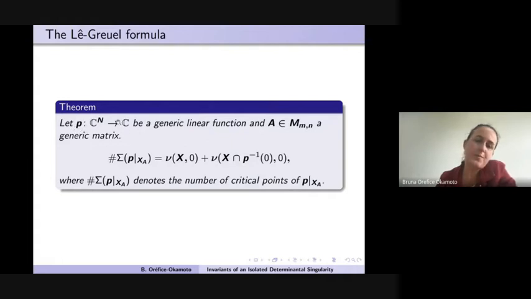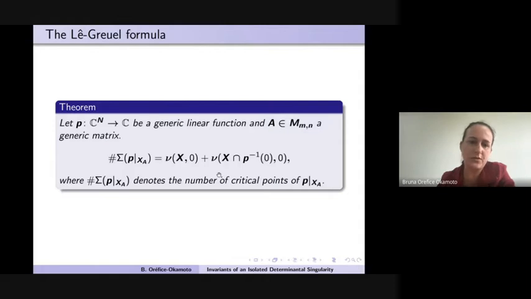For a generic linear projection P from C^n to C, and the matrix A in M_{m,n}, the number of critical points of P restricted to X_A is equal to the vanishing Euler characteristic of X plus the vanishing Euler characteristic of the fiber of P in X. Well, this we can see as a determinantal variety in P^{-1}(0).